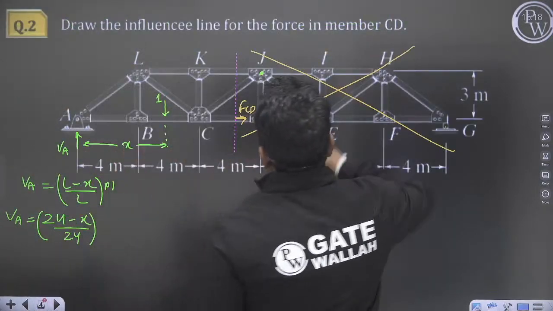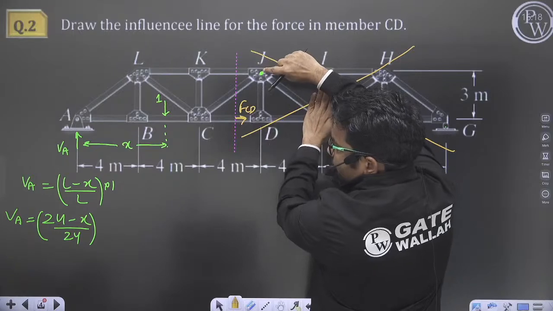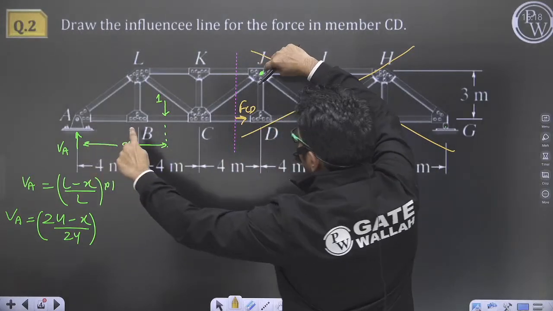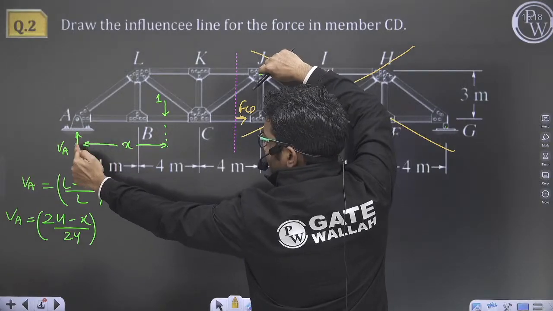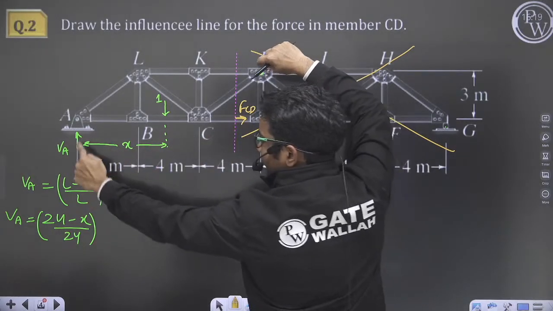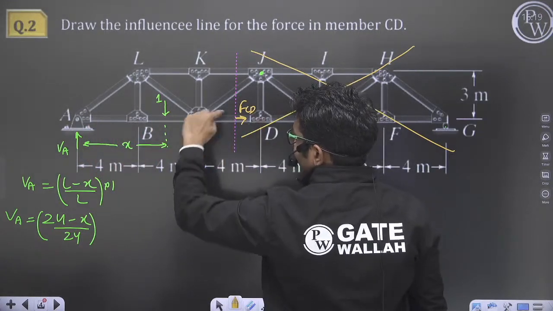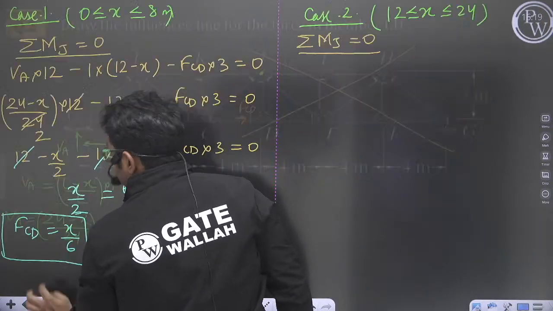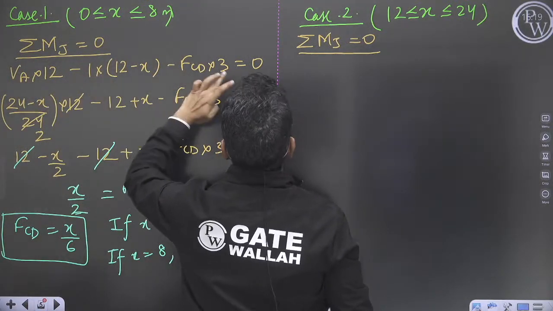Now, at this joint J, this load has come up to this point. So in this case, moment will be because of VA and FCD only. Moment because of VA will be VA into 12. So from this equation, this part will be gone, remaining part will be there.